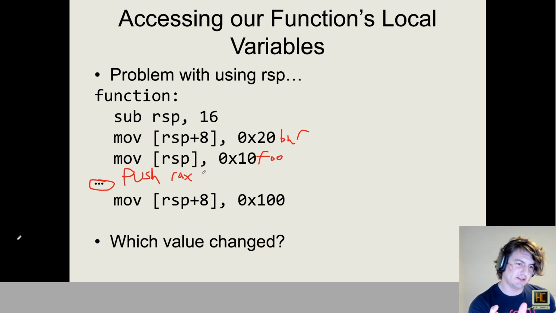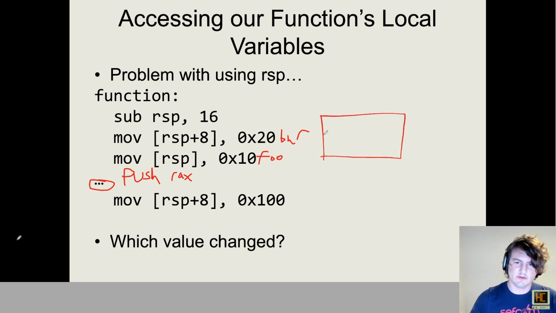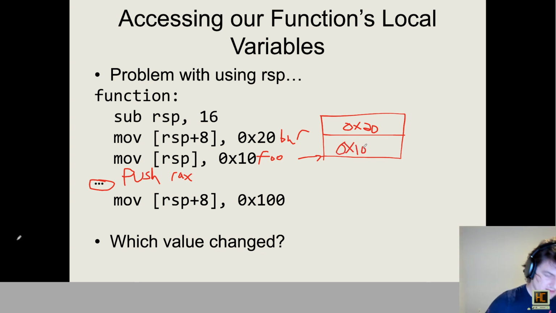So push RAX does what? Let's draw our diagram again. The first one, bar, is at 0x20. RSP points here, 0x10. So push RAX. What's going to happen there?